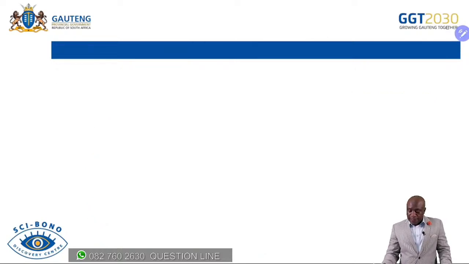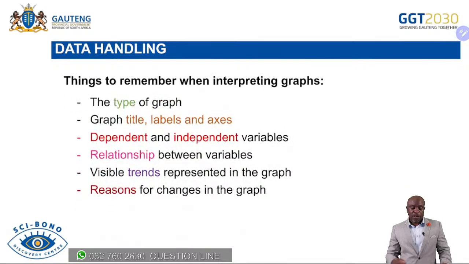All right. Now, things that you need to look at. Number one, you need to remember when you're interpreting a graph, the type of graph that you're dealing with and its limitations. You need to remember that each time a graph is drawn, it must have a title or a topic. It must have labels.